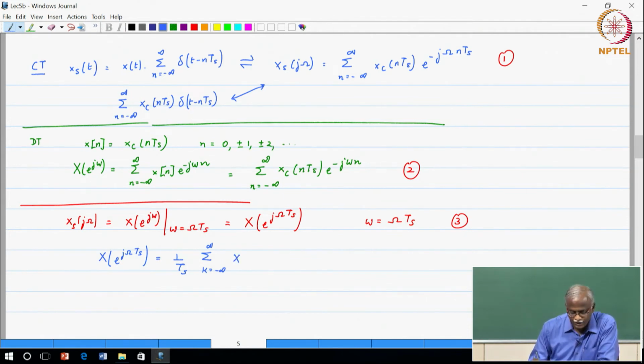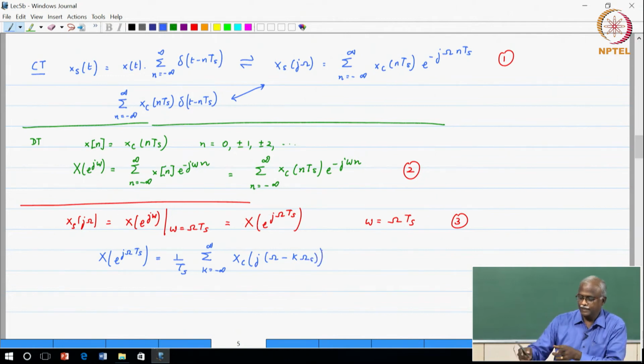So this would be Xc of j times (Ω minus kΩs). This is basically another form of Xs(jΩ), so this is equal to Xs(jΩ). This is again derived in the earlier lecture.